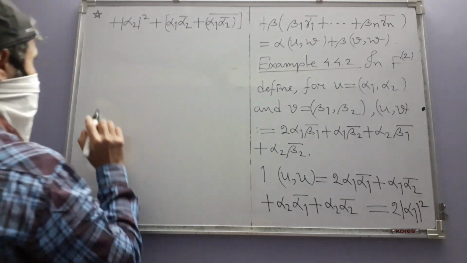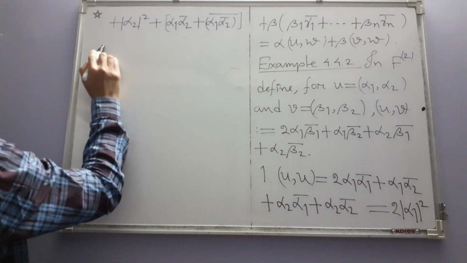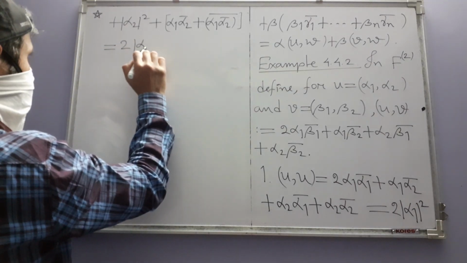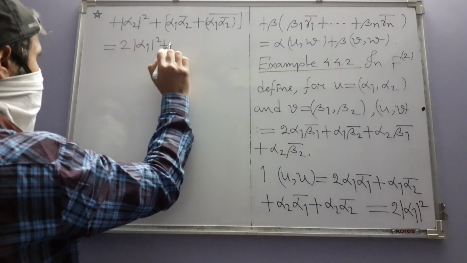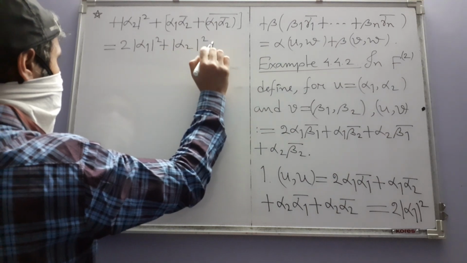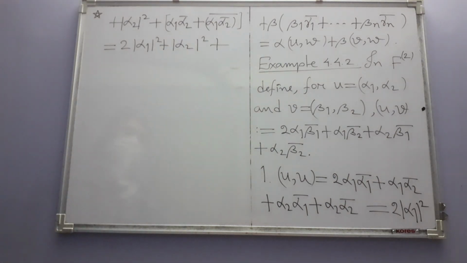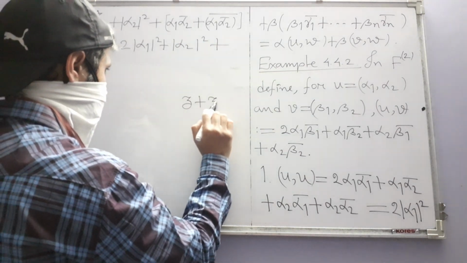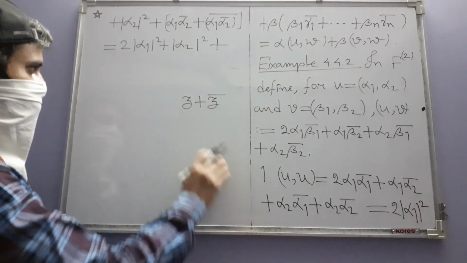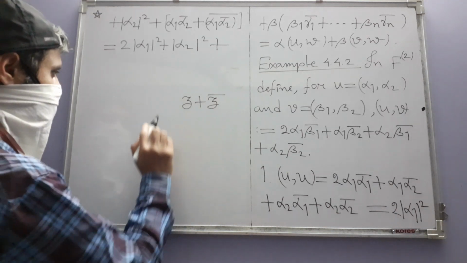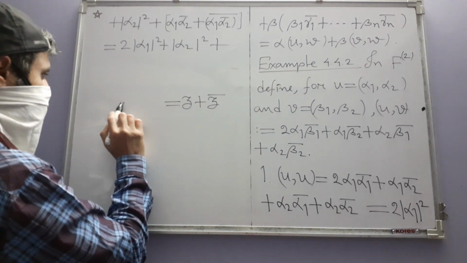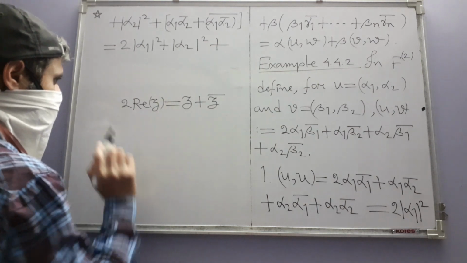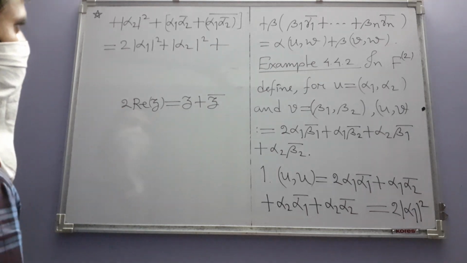And this thing we already know: when z is a complex number, then z plus z bar gives you 2 times the real part of z. You recall these properties.